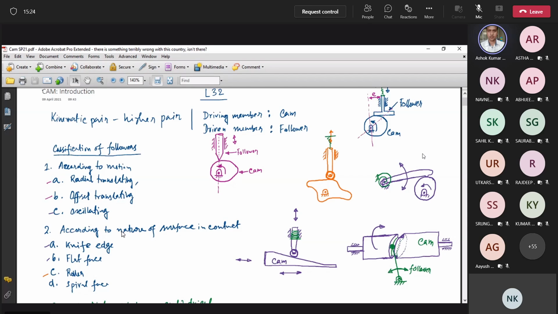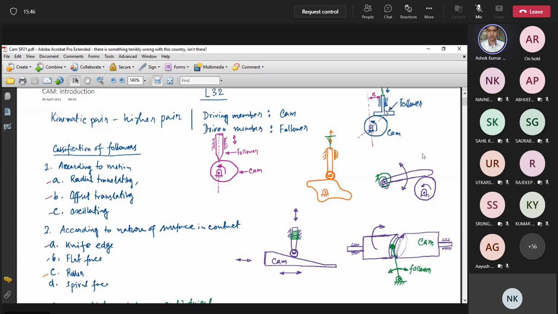According to the nature of the surfaces which are in contact, followers are again classified as knife edge follower, flat face follower, roller follower, and spiral face follower. For example, in this follower, you see the contact point is a knife edge contact point, so this follower is called a knife edge follower.